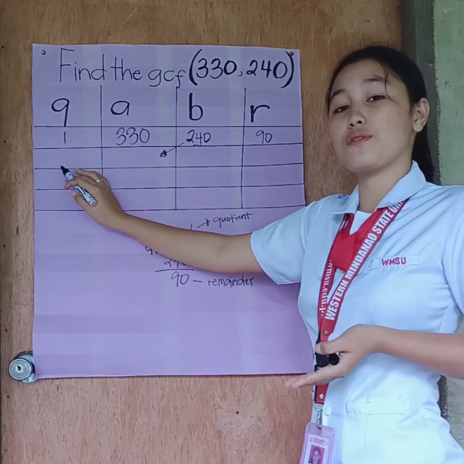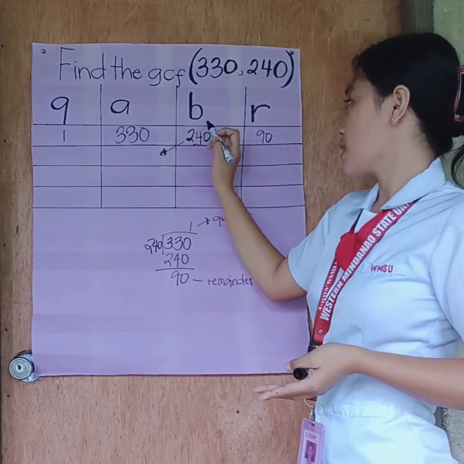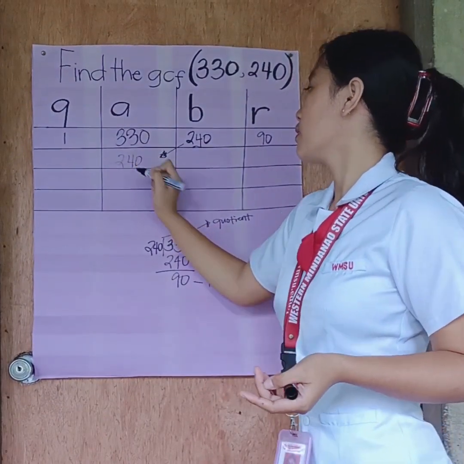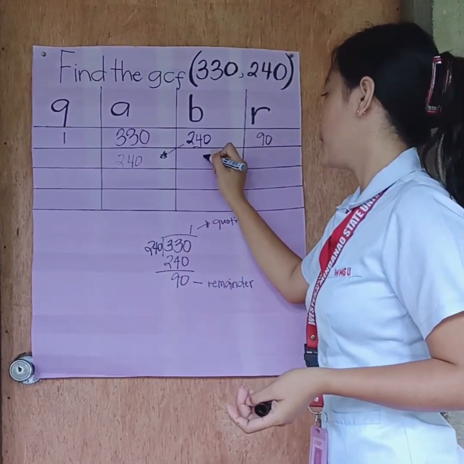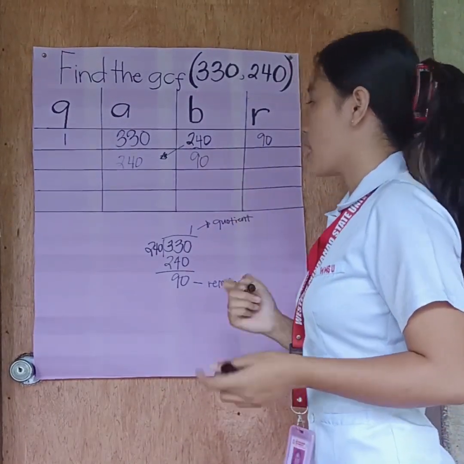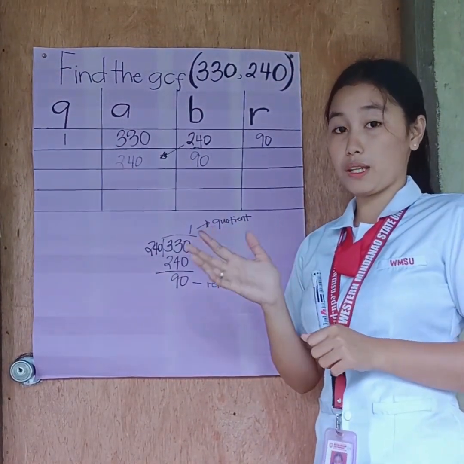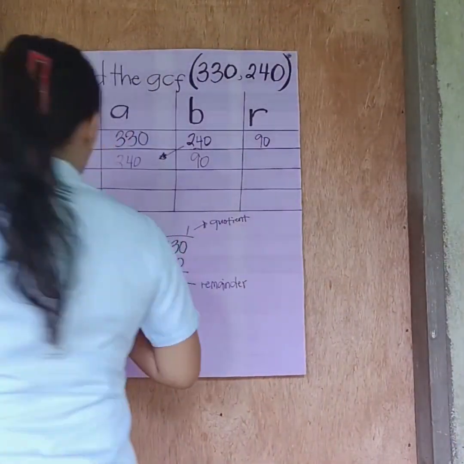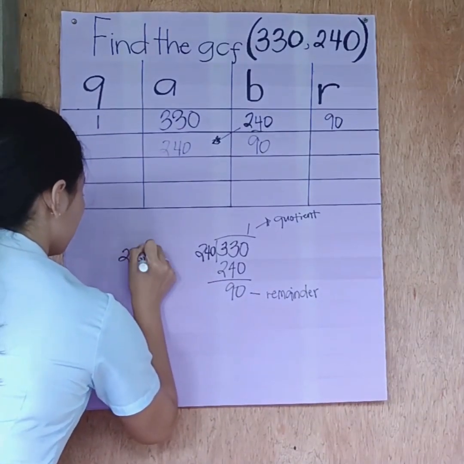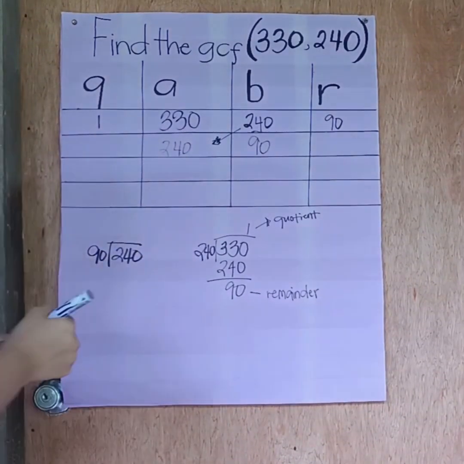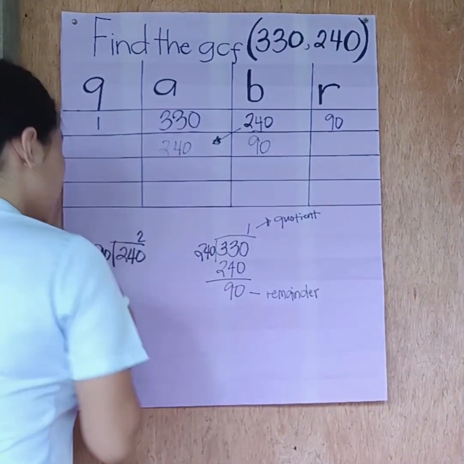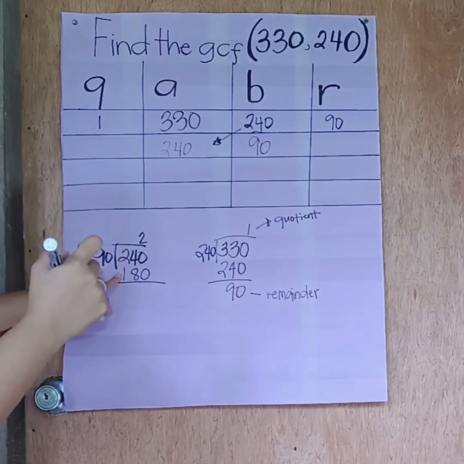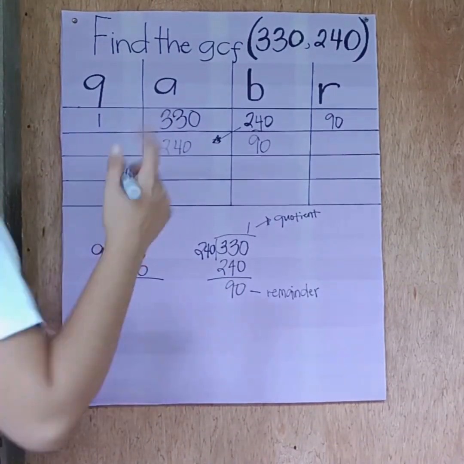We will proceed to the shifting operation, which means our B here becomes our A, so 240, and our R here becomes our B. After that, repeat the division operation. 240 divided by 90, the answer will be 2. 2 times 90 becomes 180. 240 minus 180, what would be the answer? 60, right?